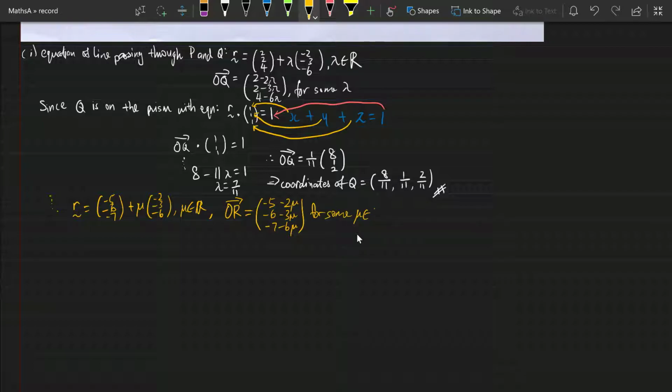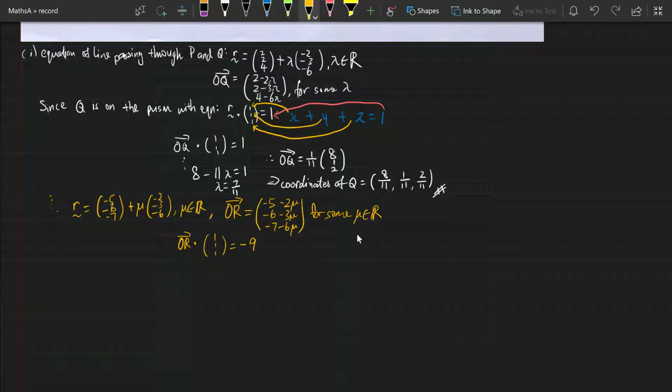Again, since this R is on the base of the prism, the vector normal form is r dot 1, 1, 1 equals -9. This is different from the one you had on top, because it's simply a different plane you're talking about.